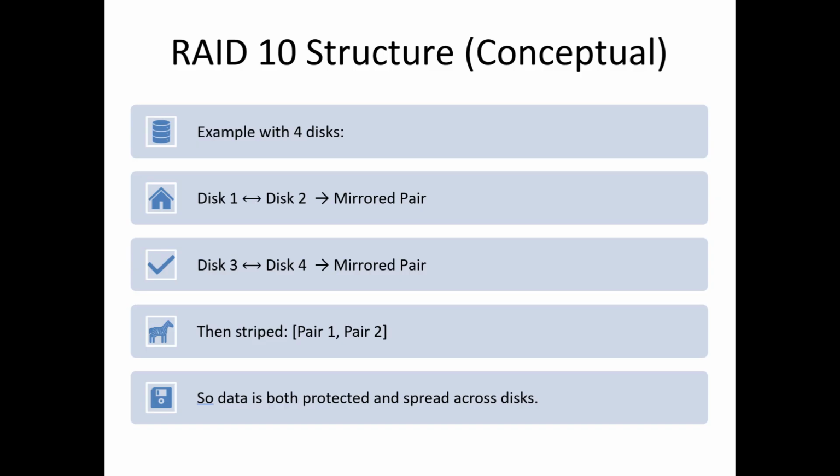It will go to disk 3 and will be copied to disk 4. Then data block C comes. It will go to disk 1 and 2. Then data block D will go to disk 3 and 4. So inside each pair, we are applying mirroring, that is copying the data for safety, and we are splitting the blocks across these pairs for speed.